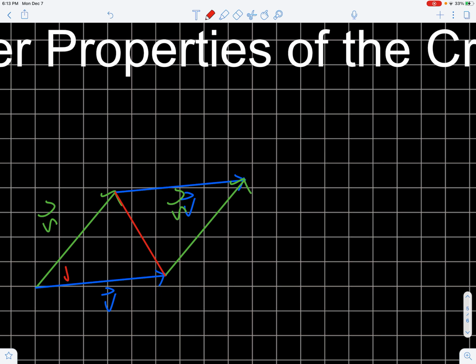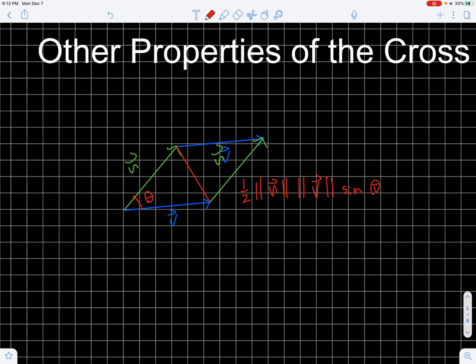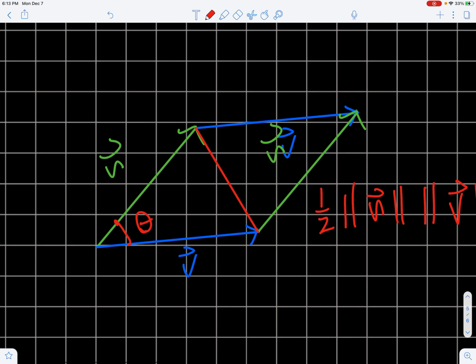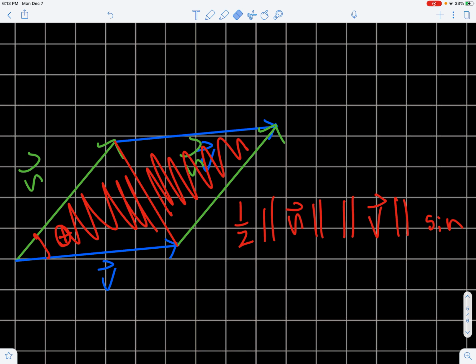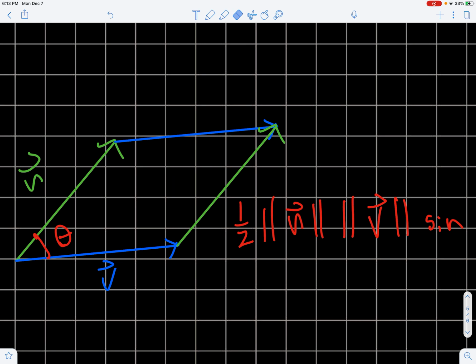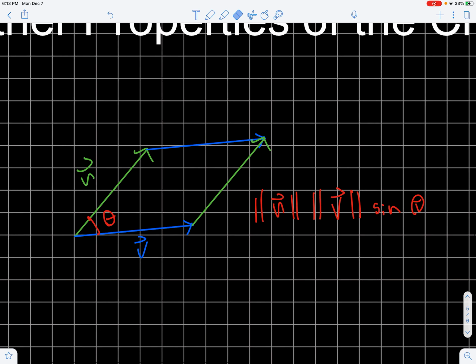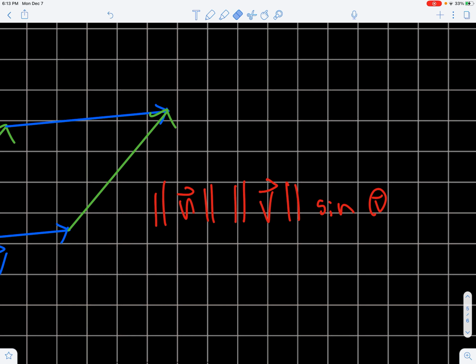The area of that triangle right there is just the norm of u times the norm of v times the sine of this angle theta, and that's 1/2 all that. Yeah? That's a geometry theorem. And the area of this triangle is the exact same as the area of this triangle. So that means that the area of our parallelogram is just the norm of u times the norm of v times the sine of theta.